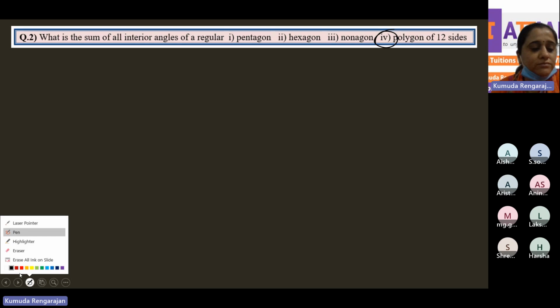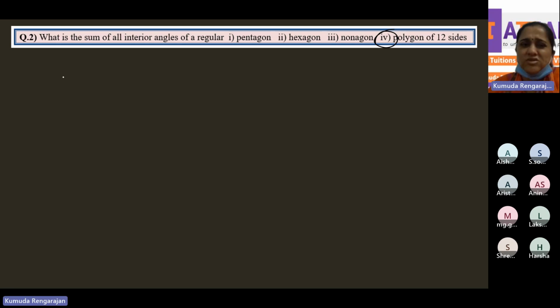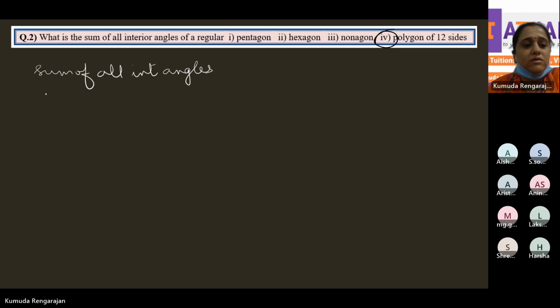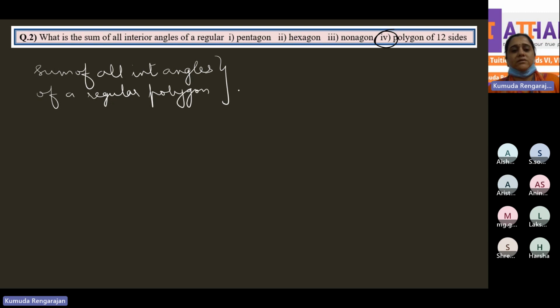What's the formula? Same thing, n minus 2 into 180. Yeah, the same formula. 1800. Correct. The sum of all interior angles of a regular polygon is equal to n minus 2 into 180 degrees.